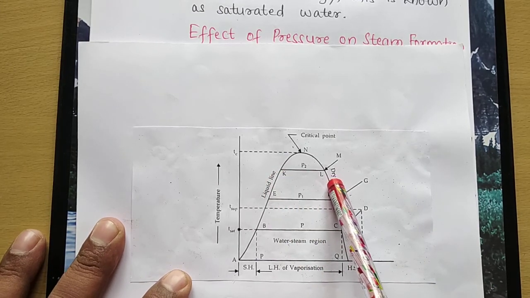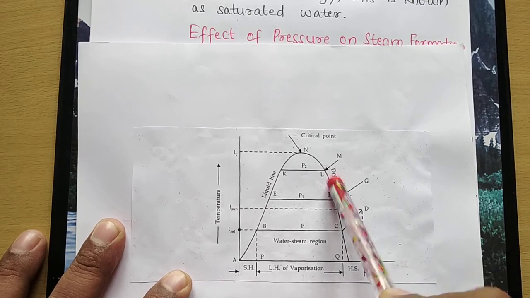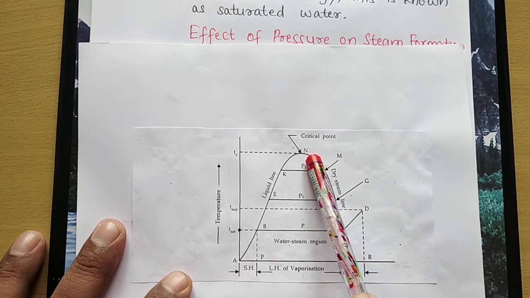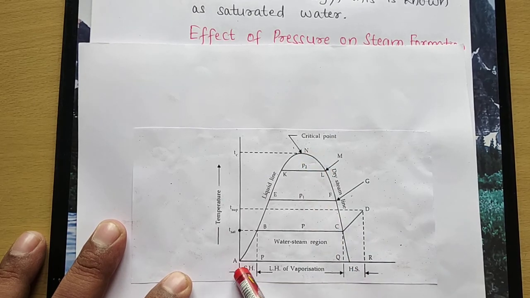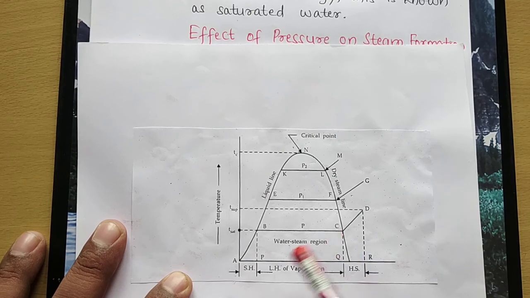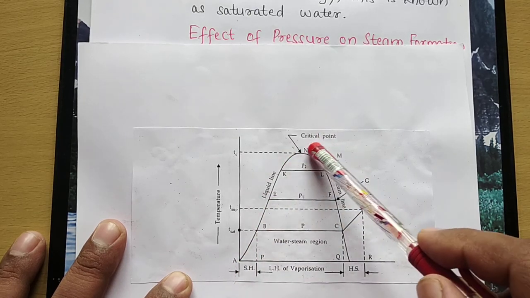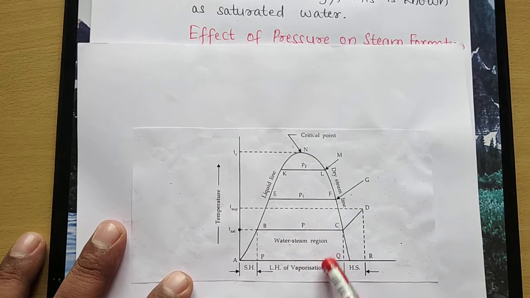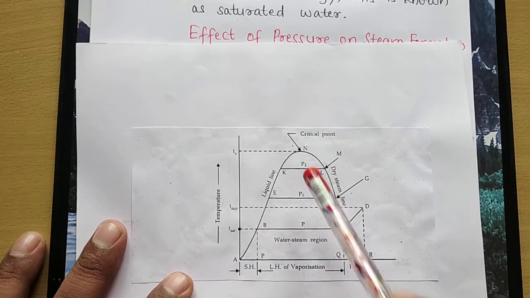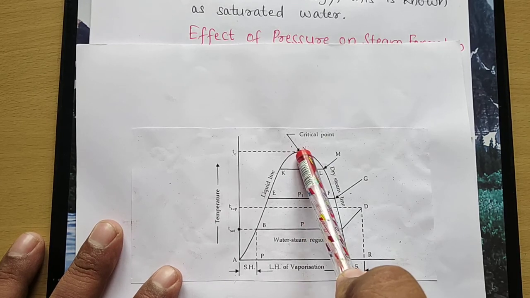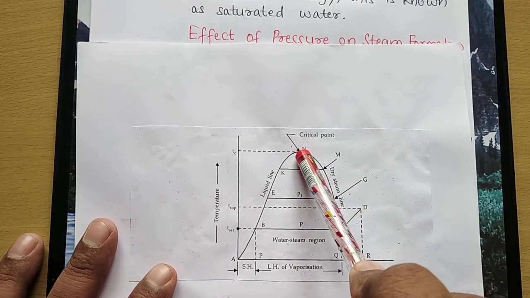We arrive at a point where this region becomes zero, at point N. That is the point at which the liquid line A to N and the steam line N to Q meet each other, and the point at which this latent heat of evaporation is 0 is known as the critical point.